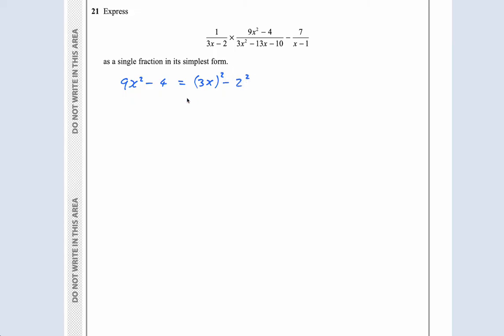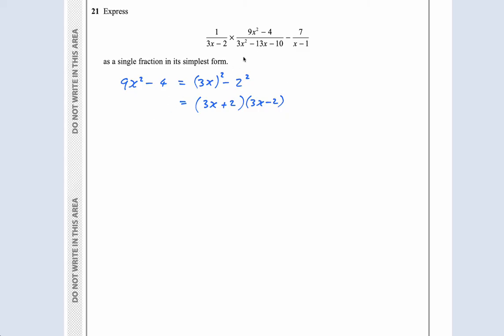Now a difference of two squares, when you factorize, gives you 3x plus 2 times 3x minus 2. This is a rule for factorizing. You need to know it, right? If you expand these two brackets, you will see you get this.